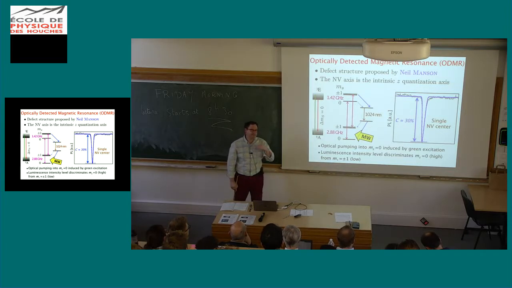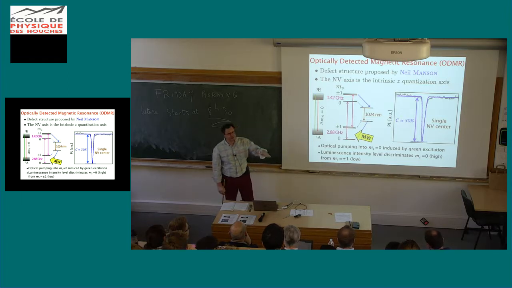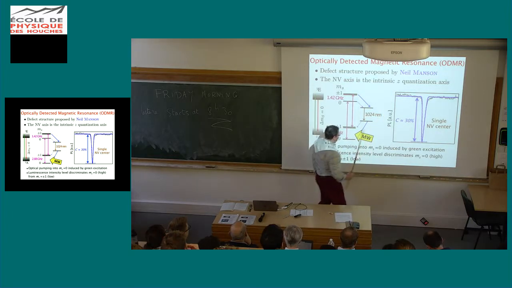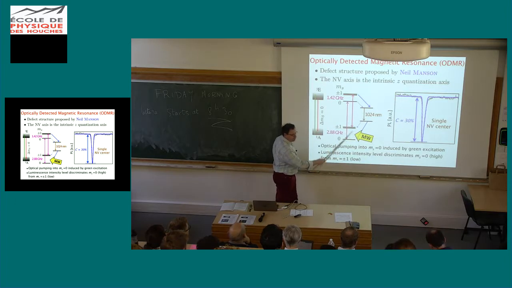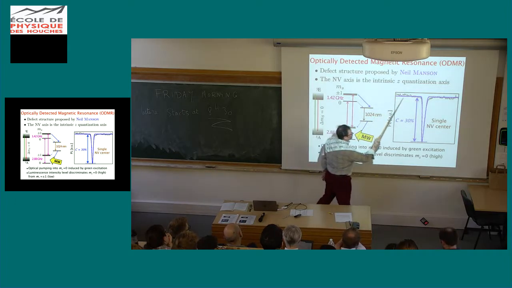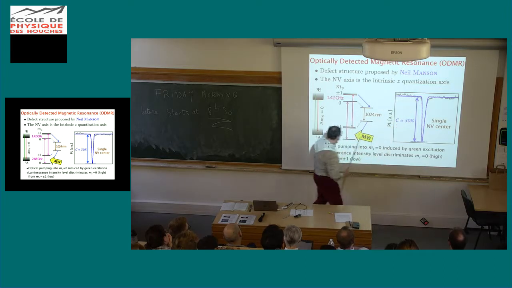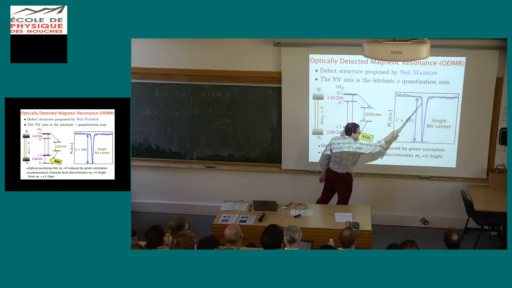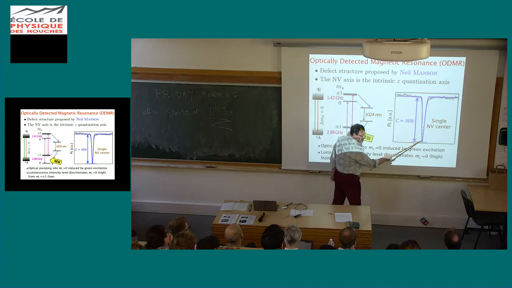So now, if we simply record the level of luminescence, when we start with all the NV centers pumped into ms equals 0 and apply a microwave field onto this transition in the ground state, we see a bright level of luminescence. At one point, when the microwave field is resonant with this transition, the population will be transferred to this level, and we see a drop of luminescence at the resonance.